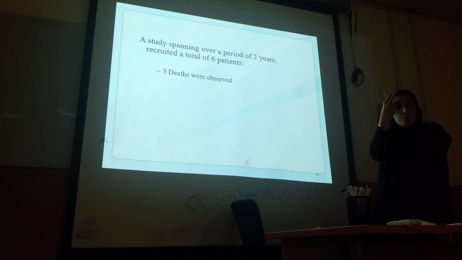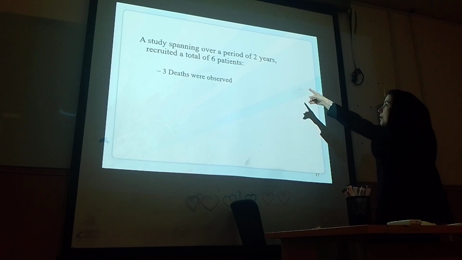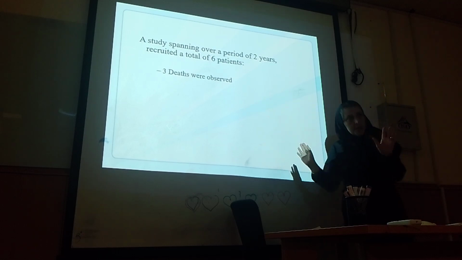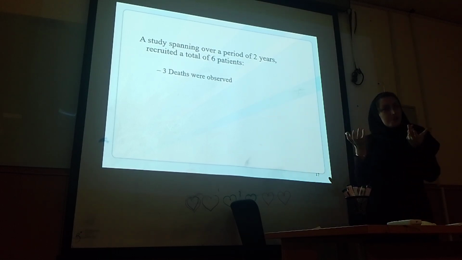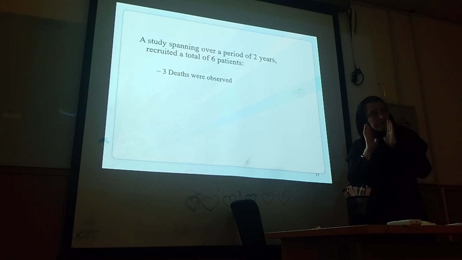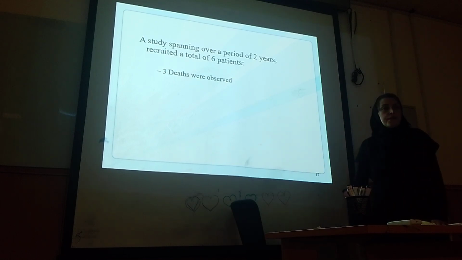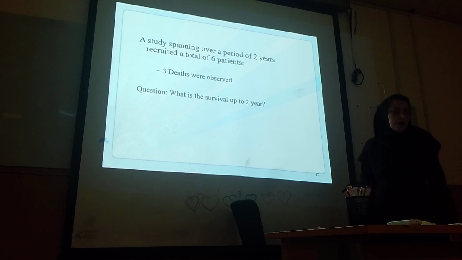A period of 2 years. Here, study duration is long. Recruited a total of 6 patients. It is just a hypothetical example, just to find the meaning, okay? 3 deaths were observed. What is the survival up to 2 years?